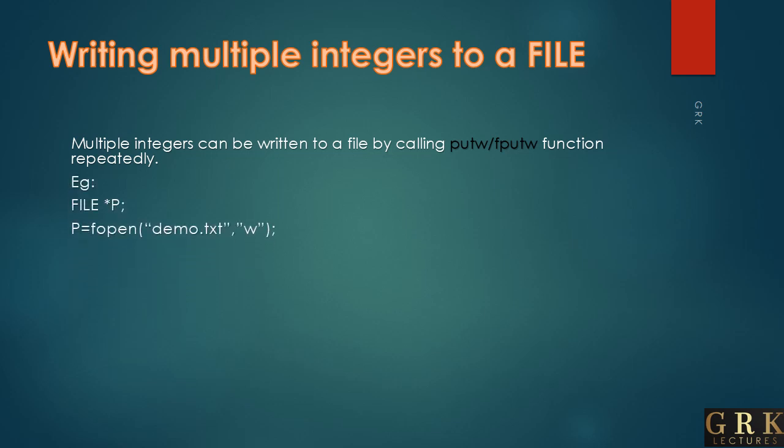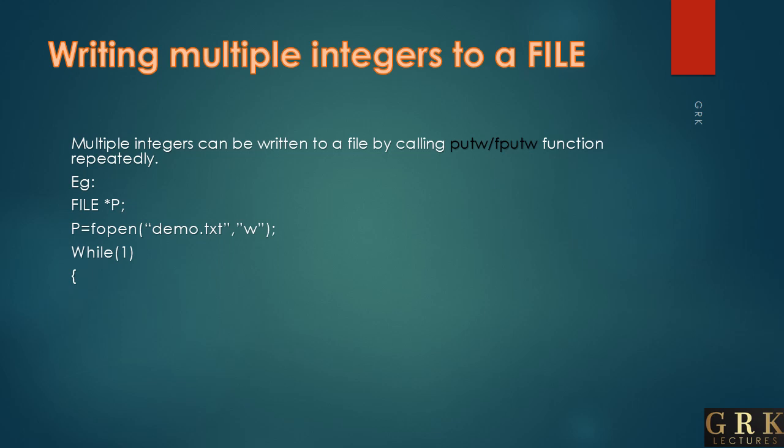This is the file pointer p I created, and I am opening the file demo.txt in the write mode, that is w. The demo.txt is pointed to by the pointer p. Just as we discussed, the putw function is used to write an integer to the file.